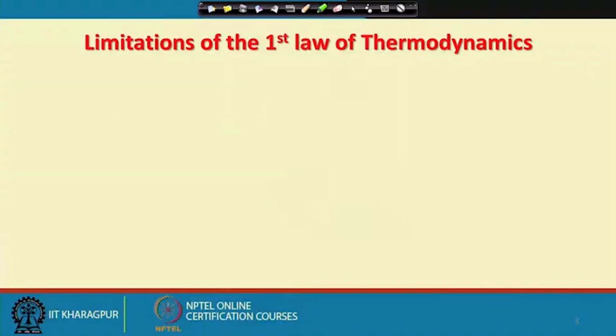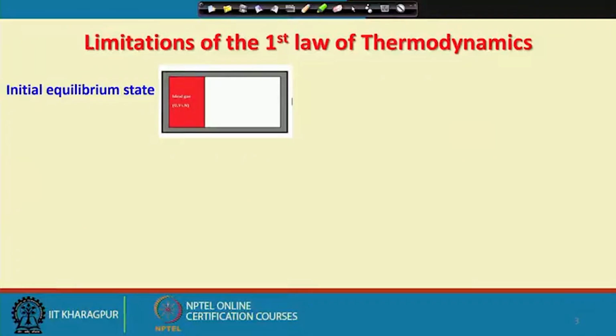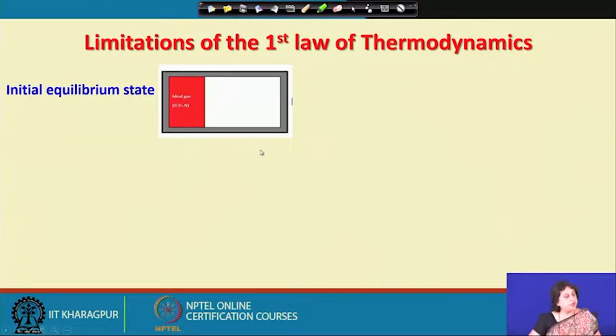So, of course, the first law of thermodynamics tells us a lot, but there is a lot more that it does not. Let us have a look at the limitations of the first law of thermodynamics and try to understand why we needed a second law at all. In this case, I am going to concentrate on a very simple system.